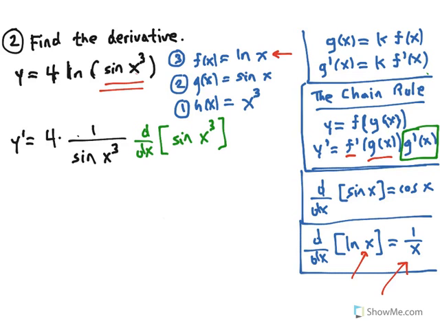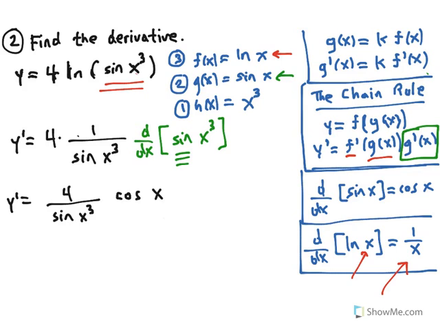Now, sine of x cubed is also a composition of two functions. So to find the derivative of sine of x cubed, you'll have to use the chain rule again. So we have y prime is equal to 4 times 1 over sine of x cubed, which I can write this way. And then the derivative with respect to x of sine of x cubed, the derivative of the outside function, which is sine, is cosine, and we have to evaluate that at the inside function.